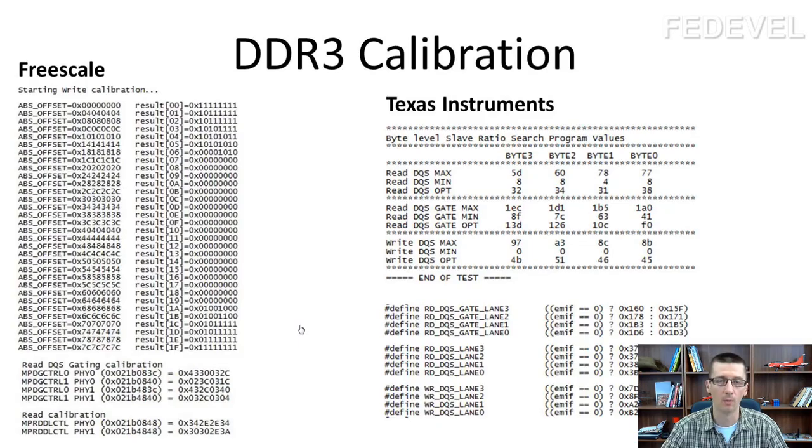It's very simple. What is important is do not forget to run the calibration if you solder down the DDR3 memories on your board. And it's also important to know how it actually works, because it will help you understand the layout better.